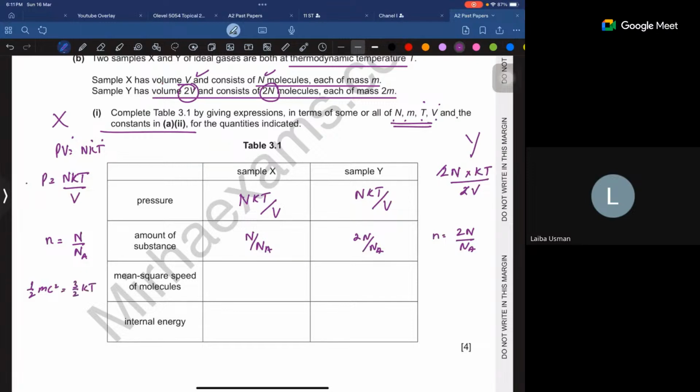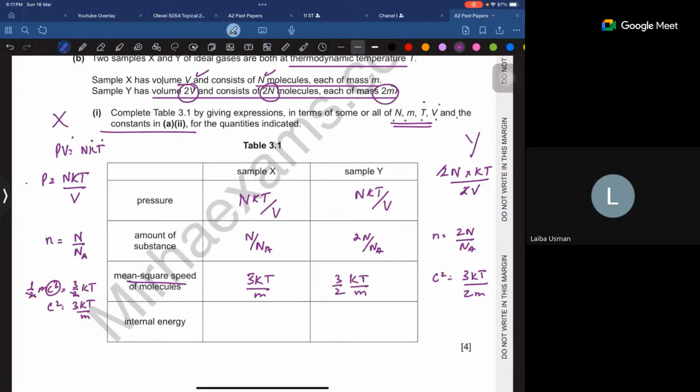This is what we're going to do. So we want mean square speed, which is c square. This 2 and this 2 will cancel out and it will be 3kT over m. So this is for X, 3kT over m. For Y, c square equals 3kT, but this time it has twice the mass, 2m. So 3 by 2 kT over m. I hope you guys understand that.